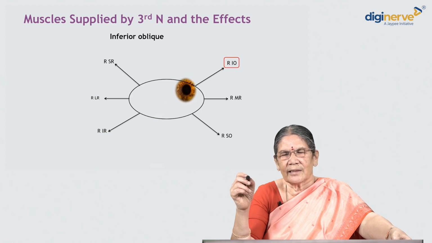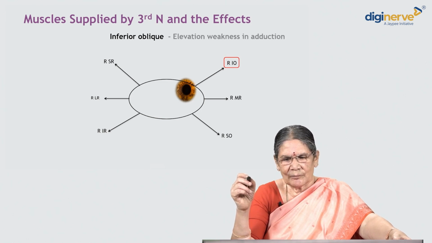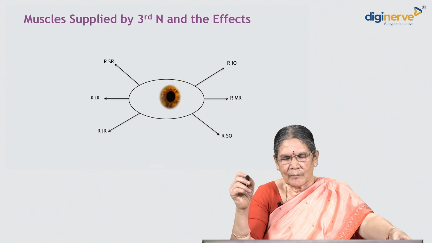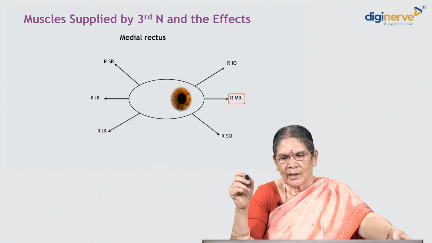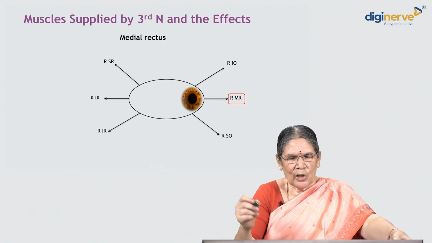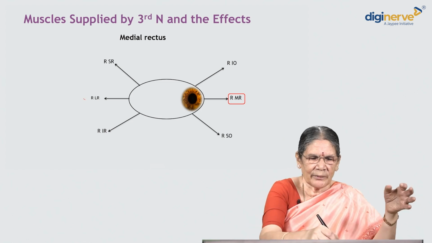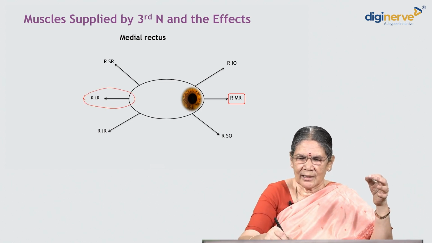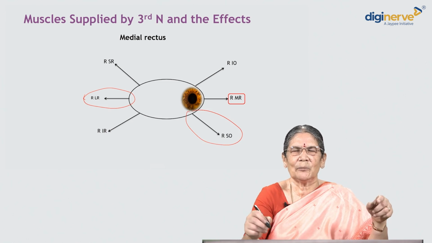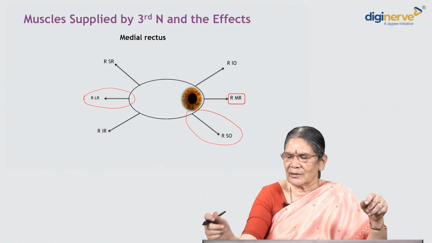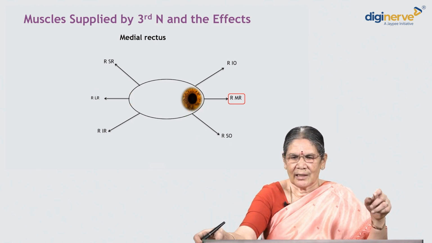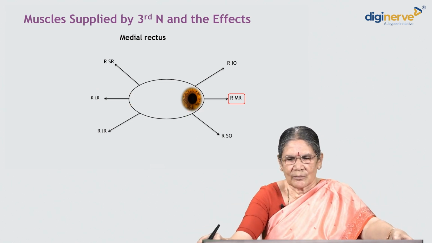Then there is the right inferior oblique, with elevation deficiency in adduction. Then there is adduction deficiency because of the right medial rectus weakness. So in almost all directions except those of the lateral rectus and the superior oblique, you have limitation of movements when the third nerve is affected by any cause.